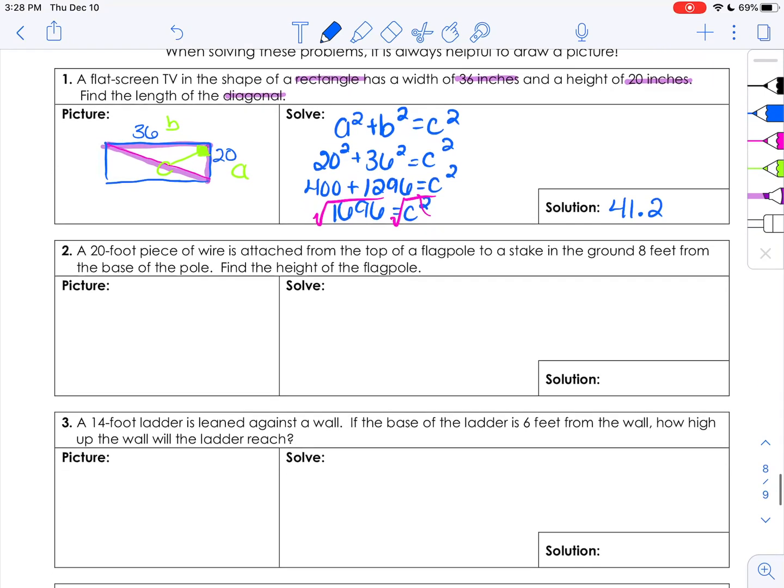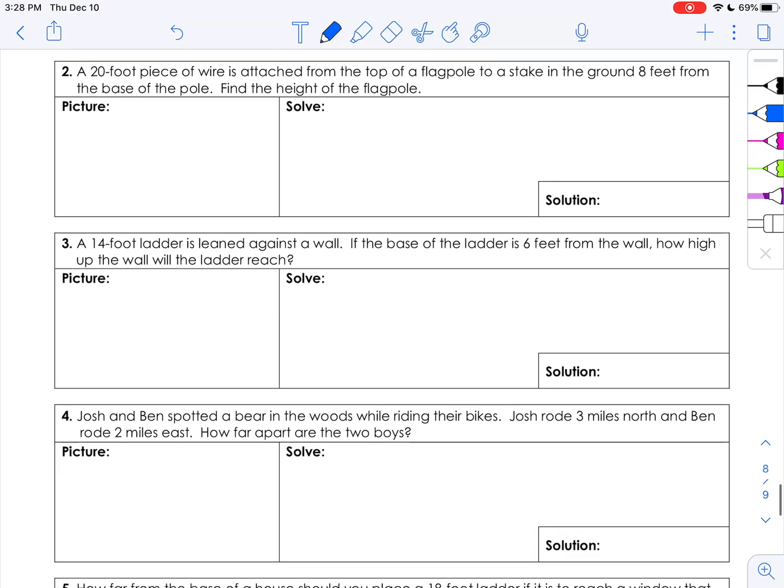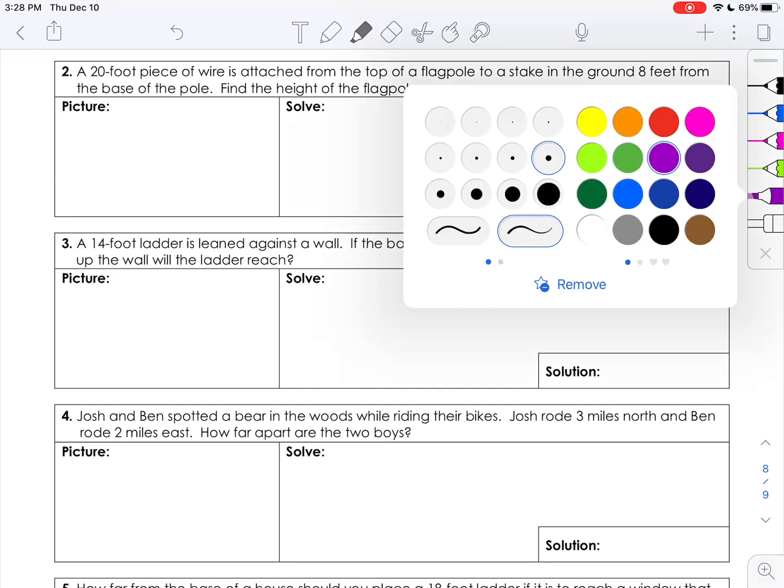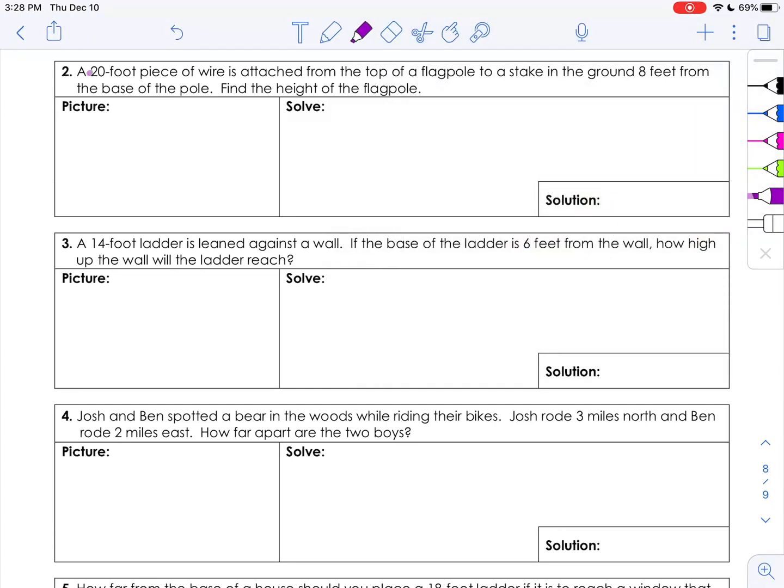Number 2. A 20-foot piece of wire is attached from the top of a flagpole to a stake on the ground 8 feet from the base of the pole. Find the height of the flagpole. So for this picture, I want to draw a flagpole.